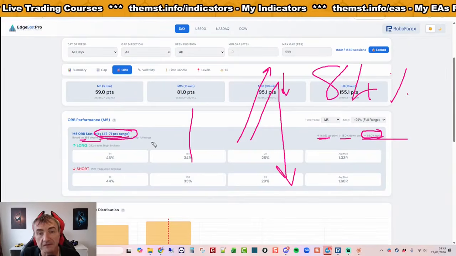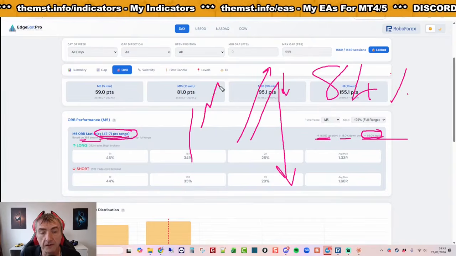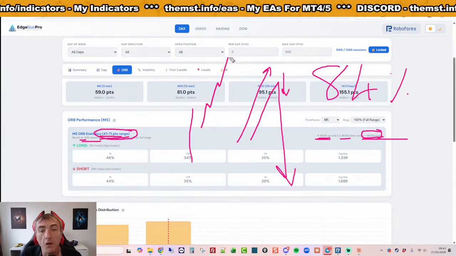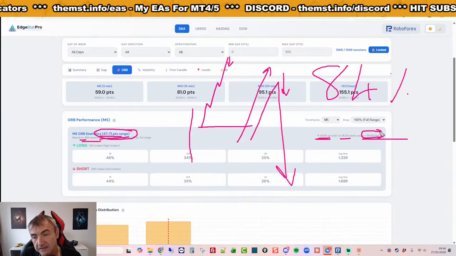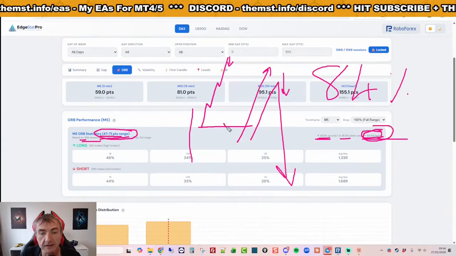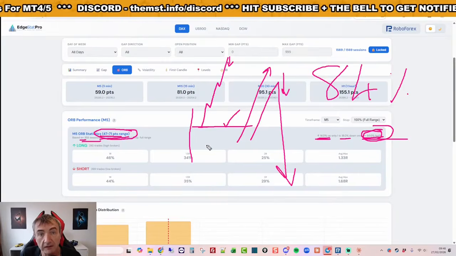So what does that give us? If we break up at the open after the first 5 minutes, all we need to do is wait for bearish price action, and we know that there is a 66% probability that we will test the other side of that range, because it breaks both sides 66% of the time.